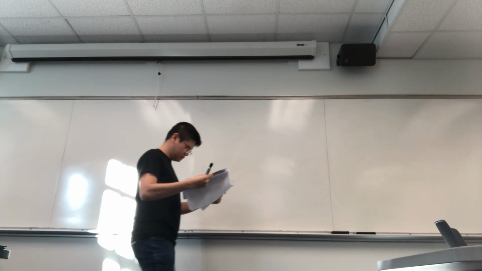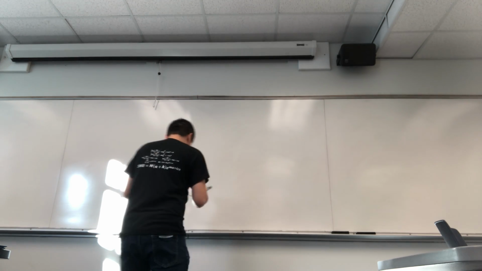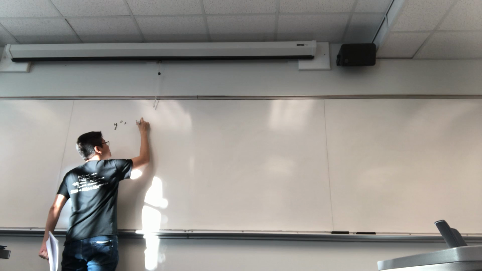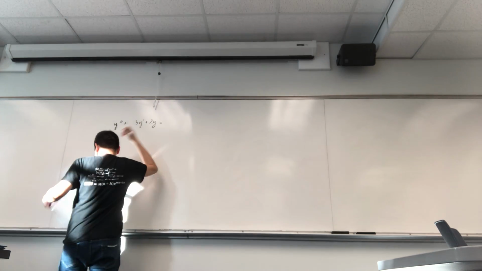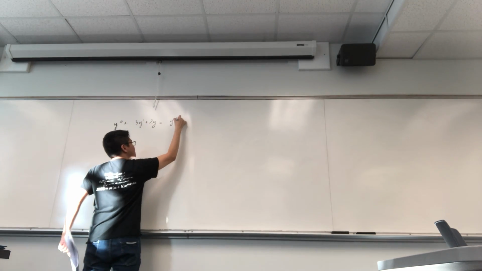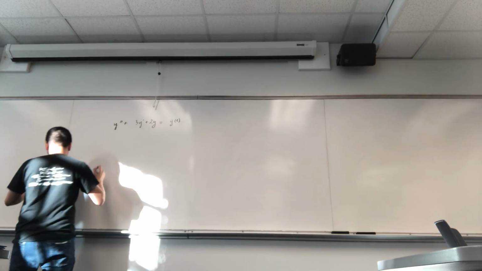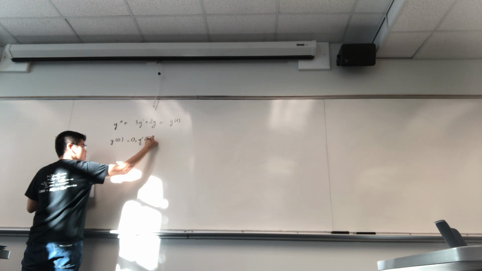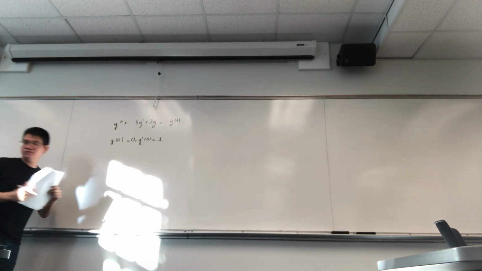Today we're going to continue the Laplace transform of this continuous function. Last time we were solving this equation, y'' + 2y' + 2y = g(t), with y(0) is 0 and y'(0) is 1.